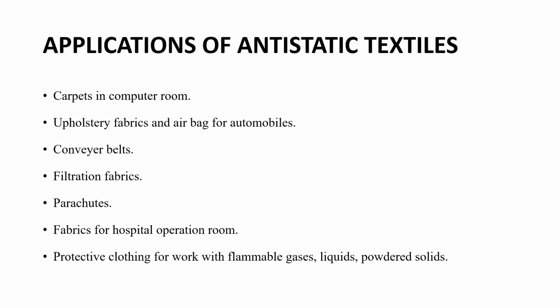They can be used as carpets in computer rooms, upholstery fabrics, airbags for automobiles, conveyor belts, filtration fabrics, parachutes, fabrics for hospital operation rooms, and protective clothing for work with flammable gases, liquids as well as powdered solids. Thank you.